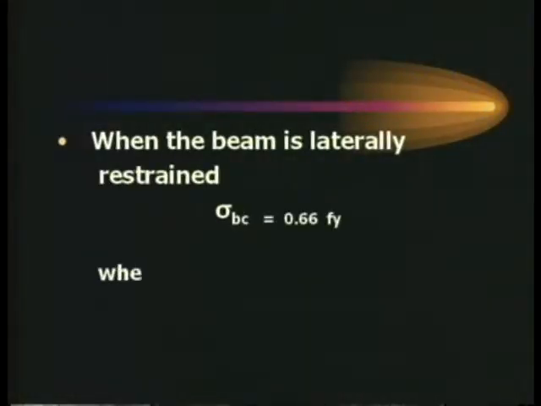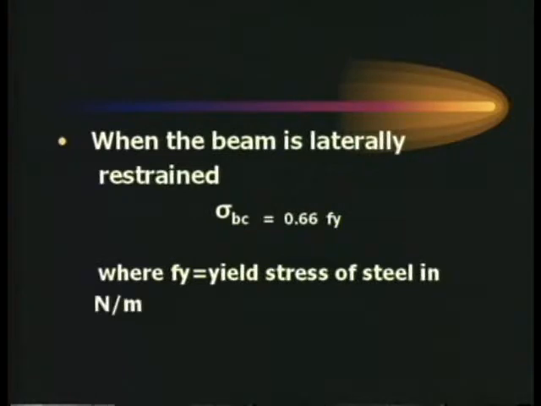Here is the solution. When the beam is laterally restrained, sigma BC is equal to 0.66 Fy, where Fy is the yield stress of steel in newtons per mm square. In case you are using mild steel, then the value of Fy will be 250 newtons per mm square.